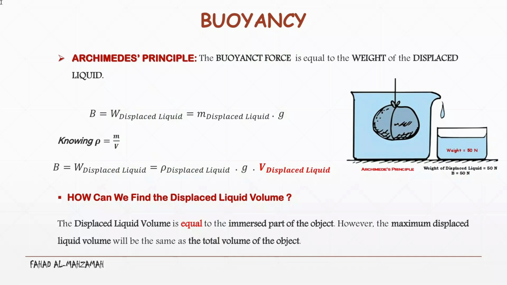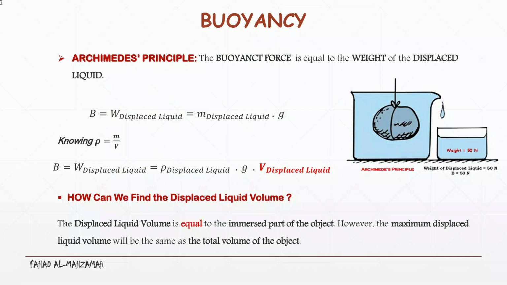So الجزء المغمور من الجسم اوكي راح يزيح نفس الكمية من الليكويدز. فلذلك حجم السائل المزاح هو يساوي حجم الجزء المغمور من الجسم. So what if the object is totally immersed؟ يعني لو كان الجسم مغمور كامل.